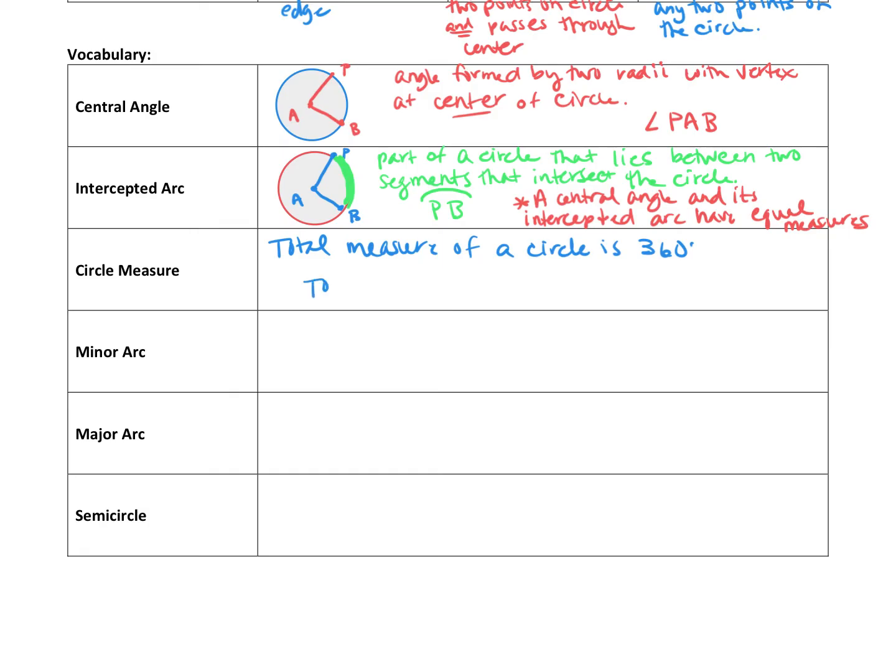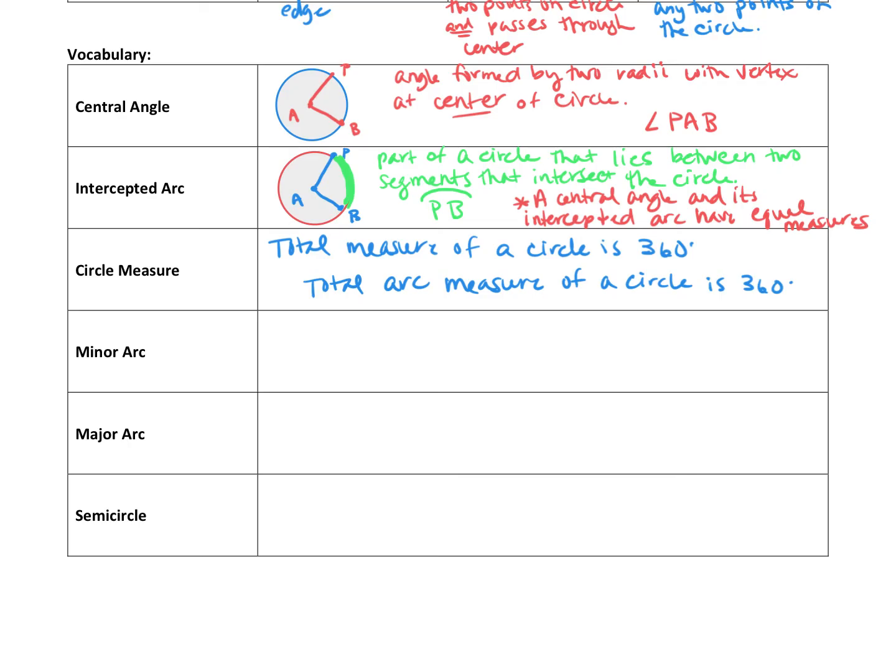And the total arc measure of a circle is 360 degrees. So if you think about a circle, I'll just look at this one up here. We know we can go around 360 degrees here at the vertex. The arc measure going around the circle is 360 degrees as well.